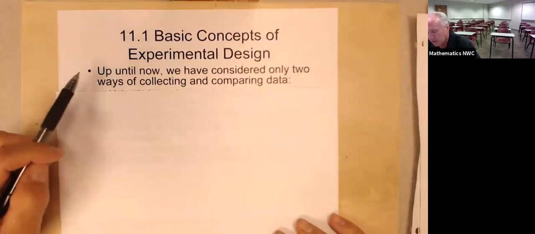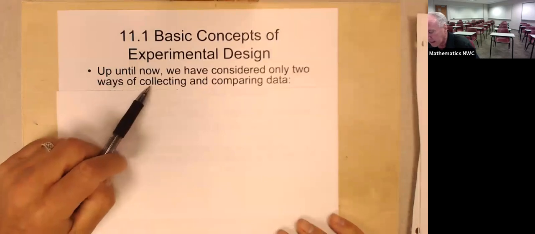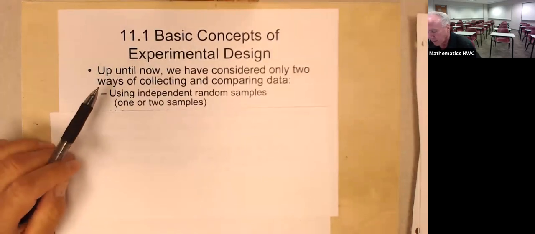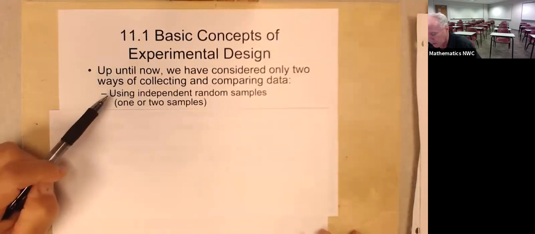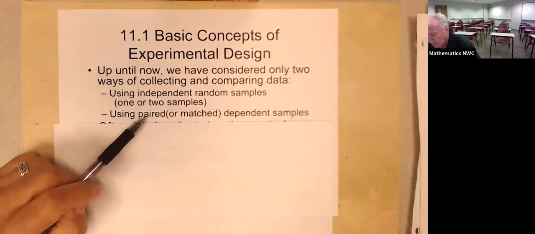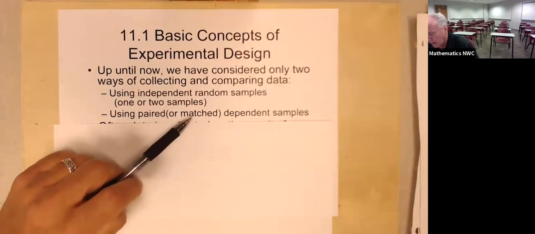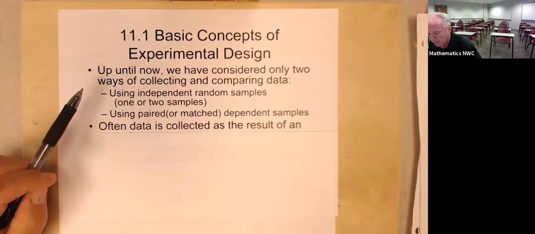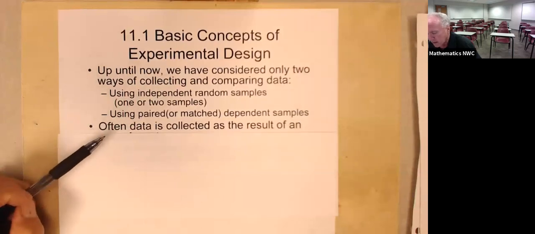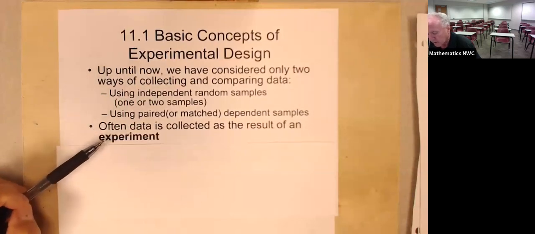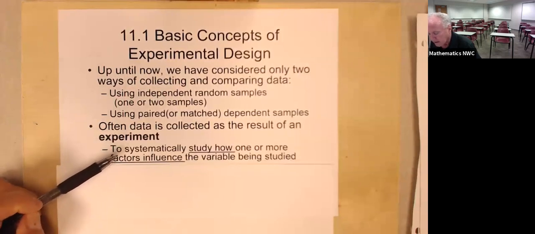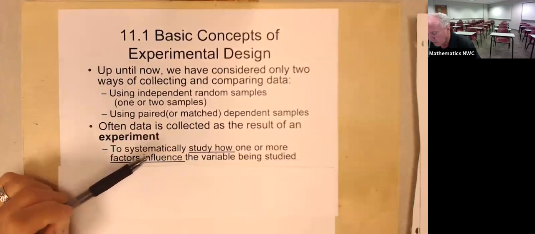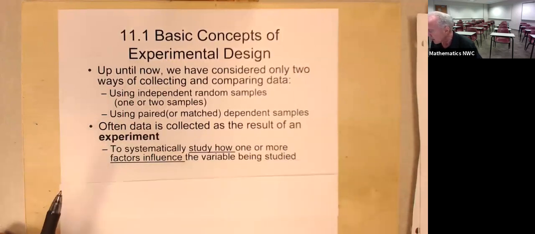Up until now, we've considered only 2 ways of collecting and comparing the data. We've been using independent random samples. That's what we've used the majority of the time. We also looked at paired data, where we matched up before and after type of situations. Often the data was collected as a result of some type of experiment to systematically study how 1 or more factors are influenced by the variable being studied.